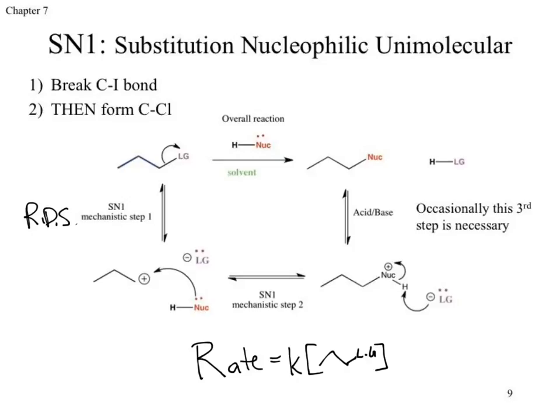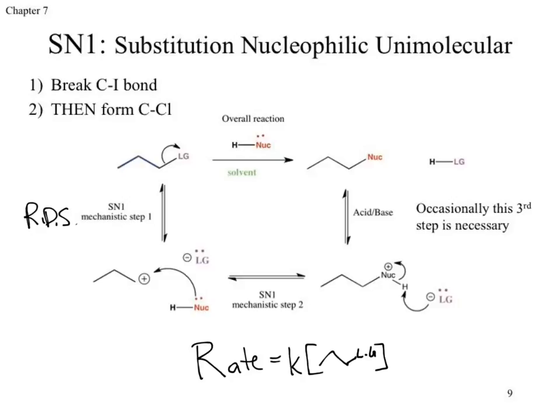First order. What mechanism do we call this? SN1. What's the 1 coming from? It has to do with the order of the reaction. The other phrasing that can come into this is the molecularity of the reaction. This is a unimolecular reaction, meaning when we look at our rate expression, there is only one reactant in that rate expression.